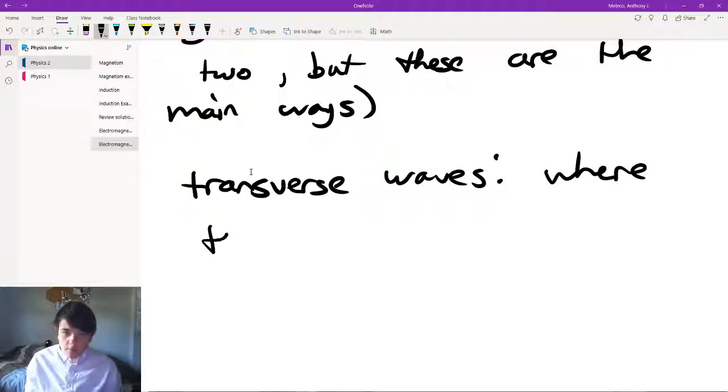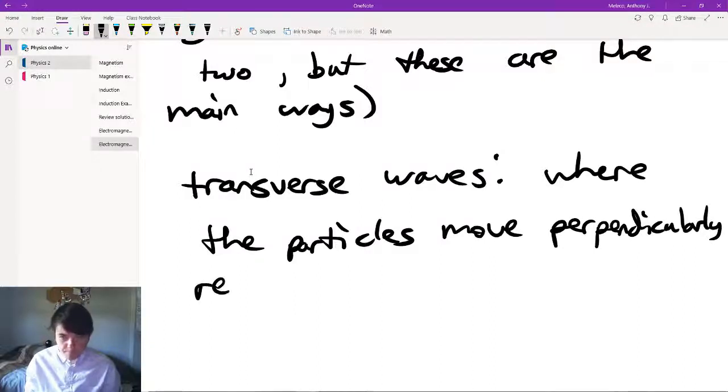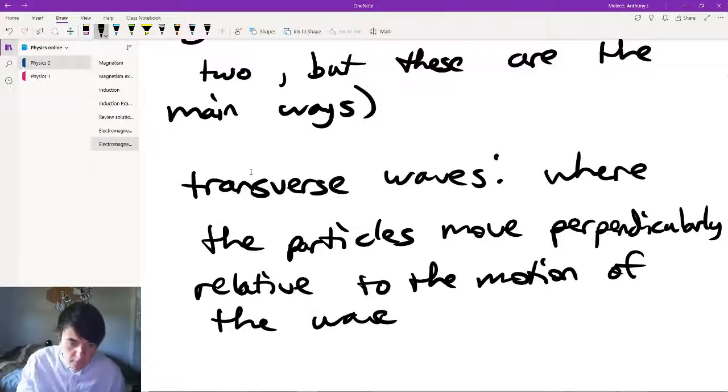But this is where the particles move perpendicularly relative to the motion of the wave. Okay, that is really, really bad. I'm not good at handwriting.